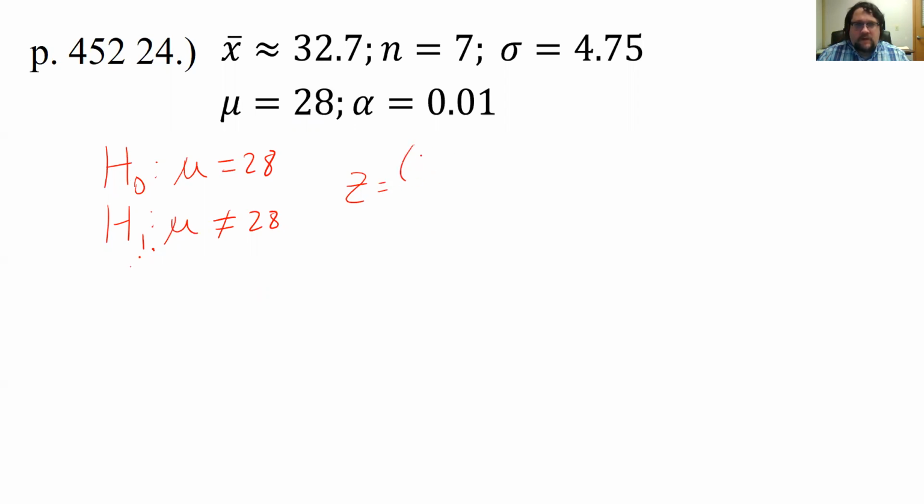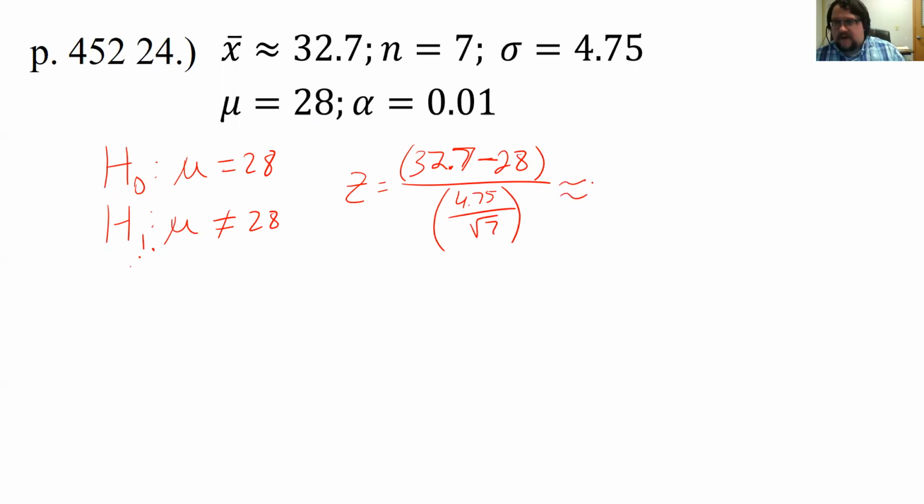And again, that's going to be the mean minus our predicted value, our predicted mean, our standard one. And then we're going to divide that by the standard deviation divided by the square root of the sample size. Again, that's that standard error value.